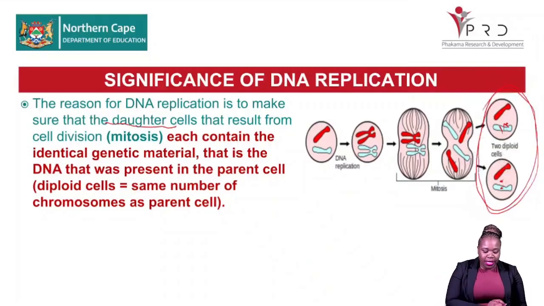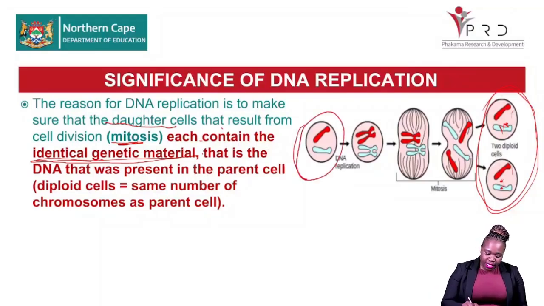Therefore, it is important for the genetic material, the DNA produced by DNA replication, to be shared amongst these two cells so that the two cells can also be identical, right? So the reason for DNA replication is to make sure that the daughter cells that result from mitosis each contain the identical genetic material. So they must have identical genetic material, as we can see.